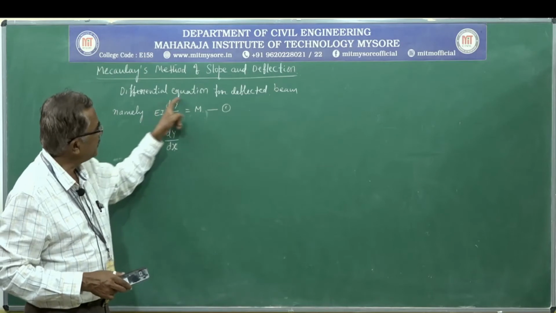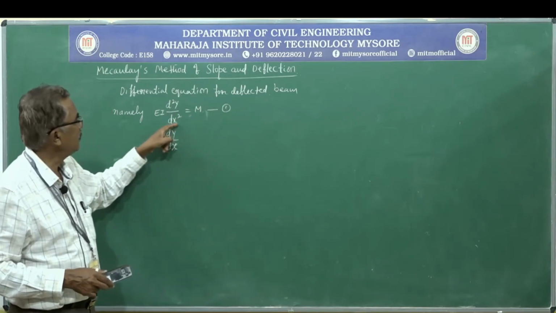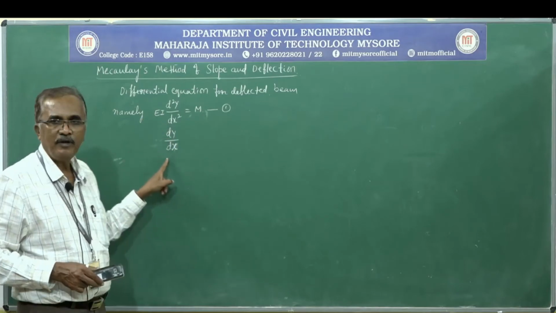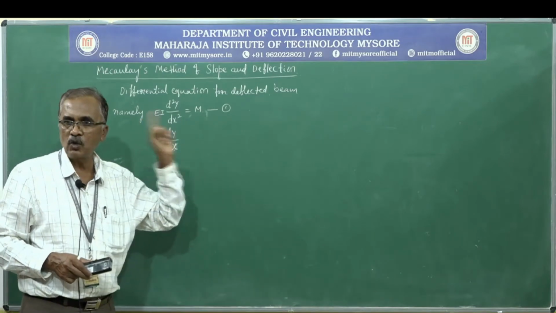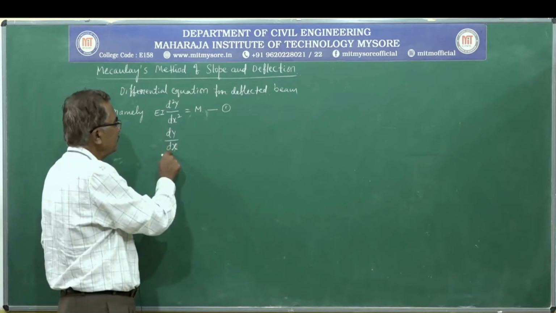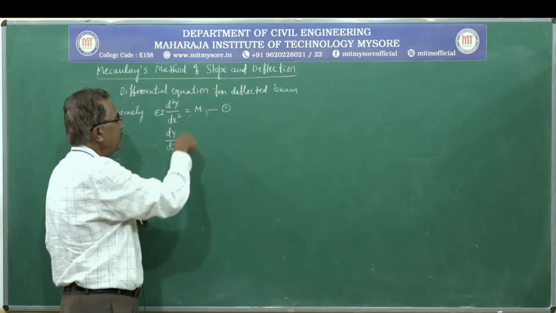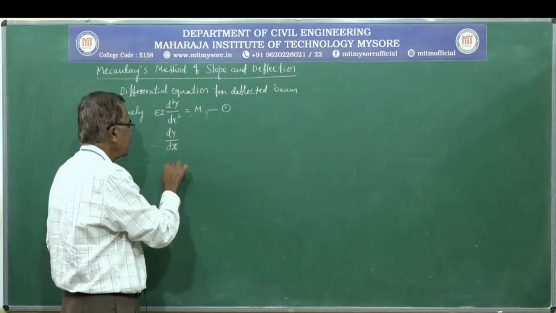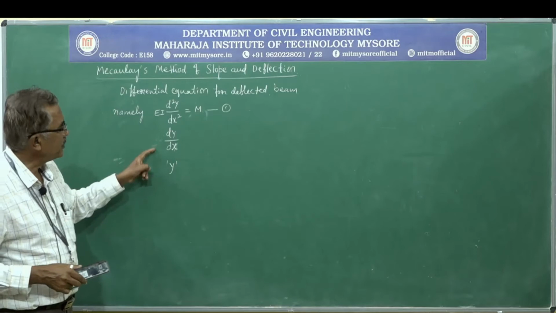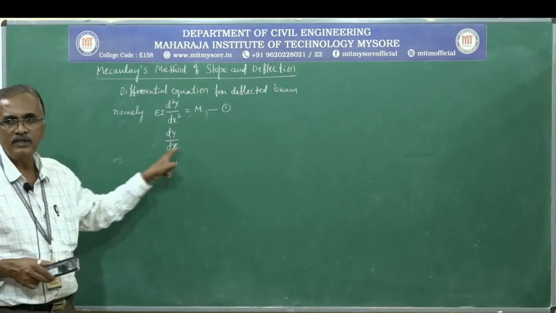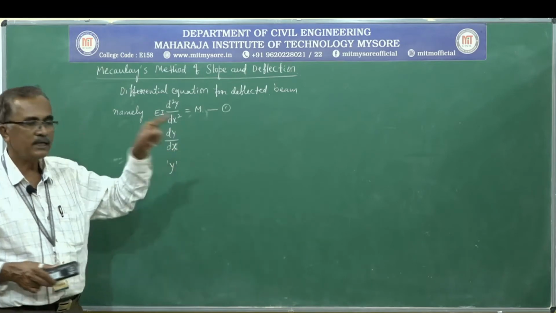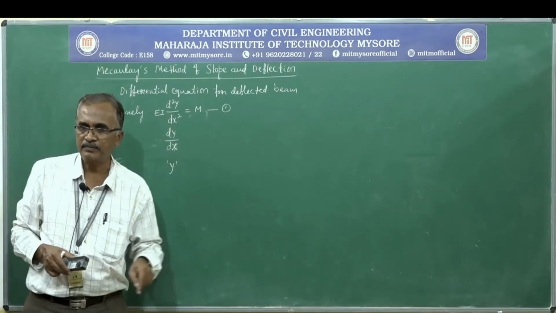If you integrate again, you will get one more equation in terms of y. The equation consisting of dy by dx is known as the slope equation, and the equation which consists of y is known as the deflection equation.